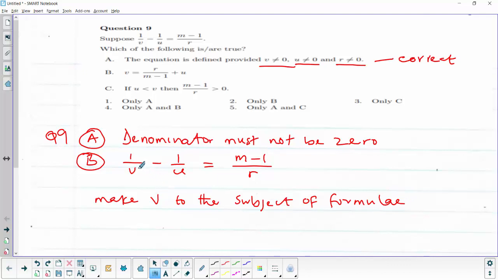So which means we are going to move this one to the other side. So we are going to have 1 over v equal to m minus 1 over r plus 1 over u. So let us evaluate it. Let us write this one again so that we can follow the steps.